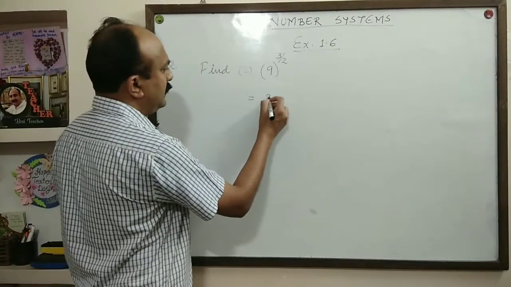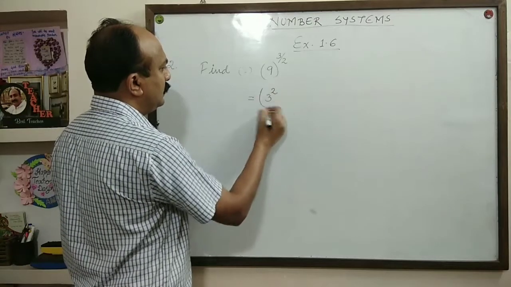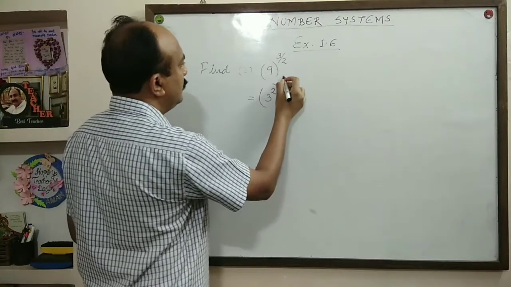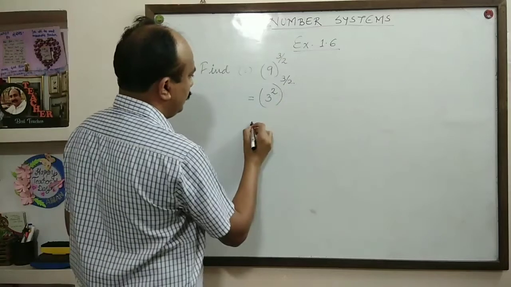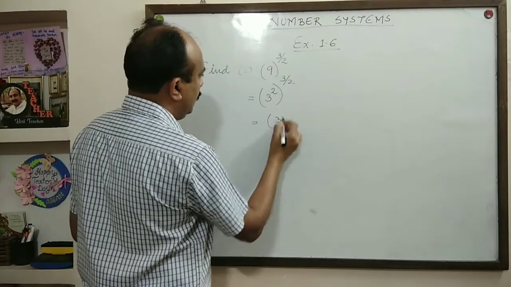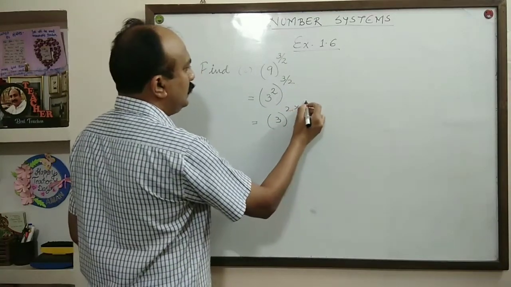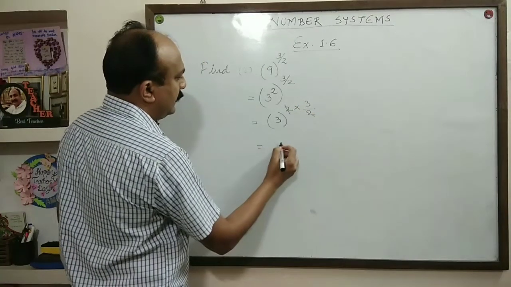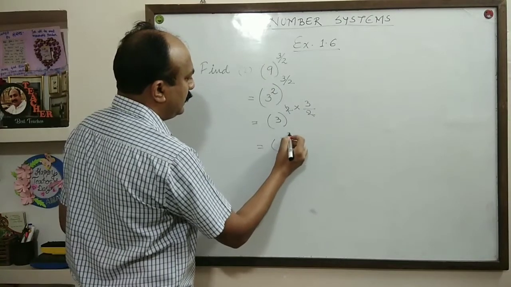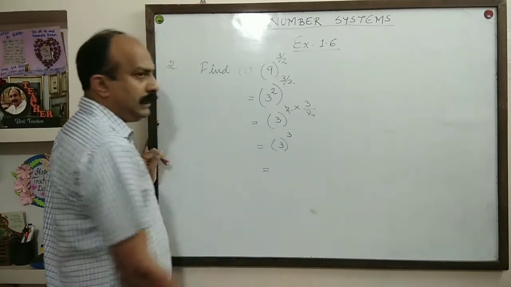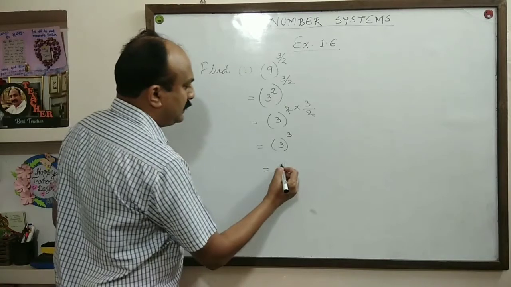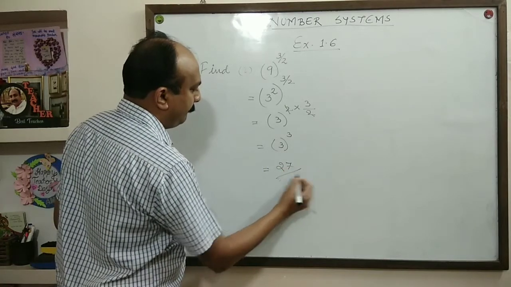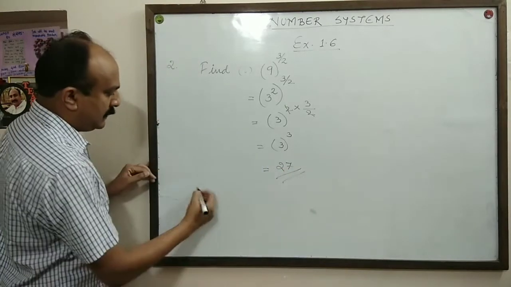So we can write it as 3 power 2, the whole power 3 upon 2, is equal to 3 power 2 into 3 upon 2. 2 and 2 got cancelled. Is equal to 3 power 3. And we know that 3 power 3 is 27.